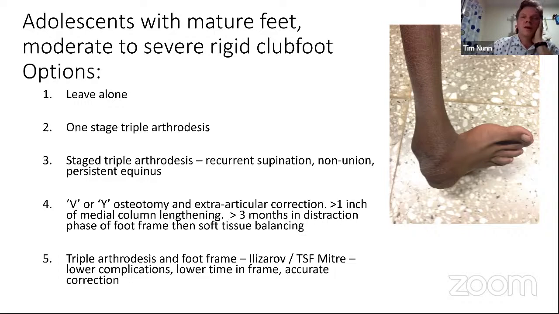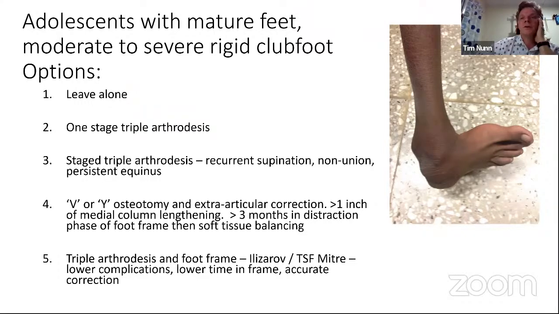For many, they come to our services asking for correction, and if the deformity is mild, we would consider a triple arthrodesis. Possibly, if the calcaneum is high riding, we would do that in stages, with a first stage soft tissue release and then a triple arthrodesis. I have tried doing V and Y osteotomies on these types of patients, and correction is achieved, but it is a very long duration of correction.